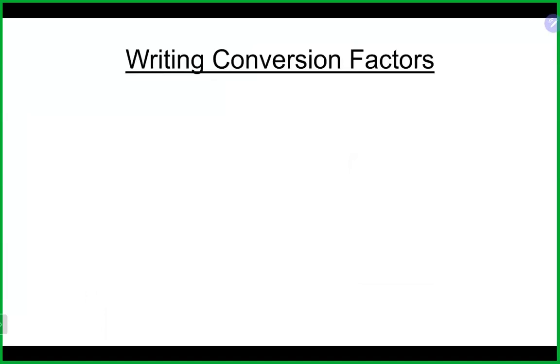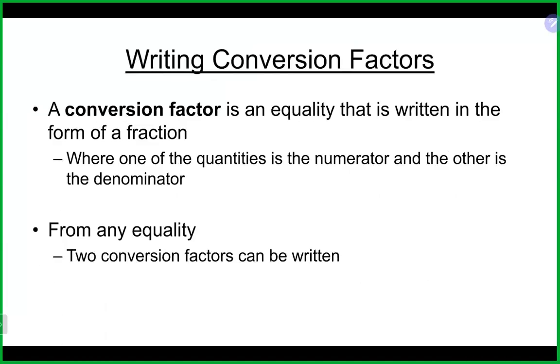All right, so let's talk a little bit about writing conversion factors. What we're going to talk about now is how they want you to show your work in chemistry. And it really is, as we'll see, what is referred to as dimensional analysis.